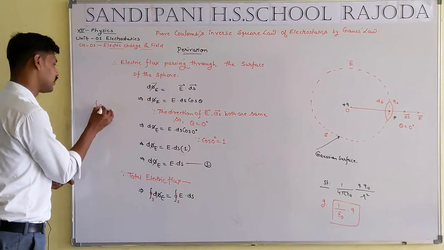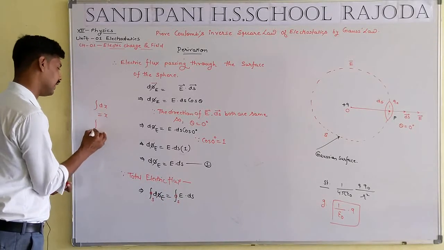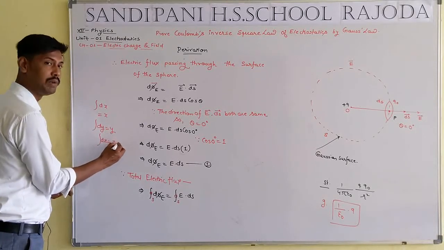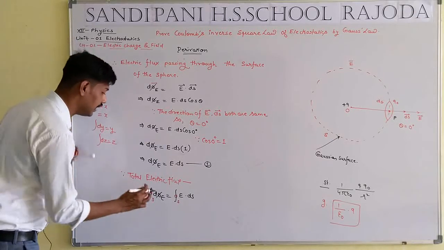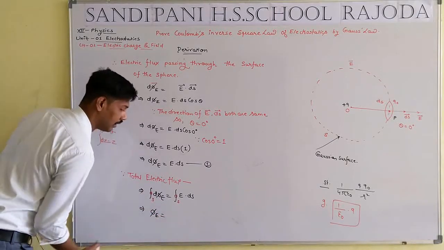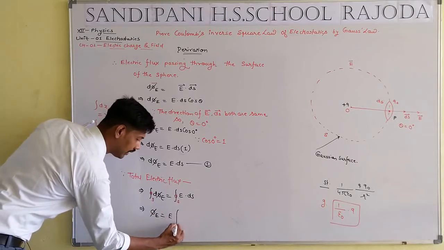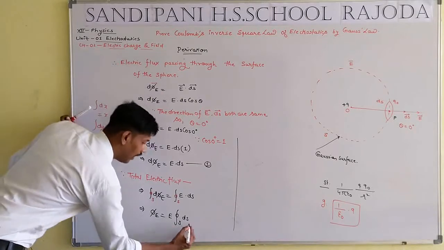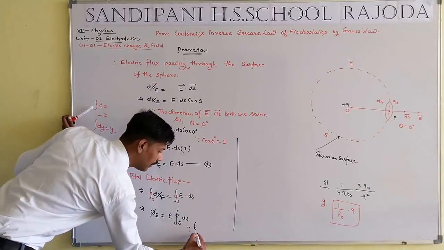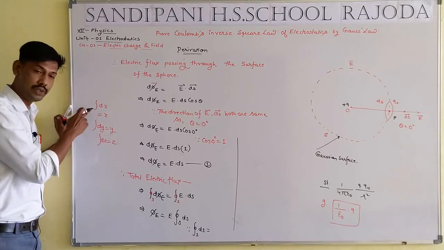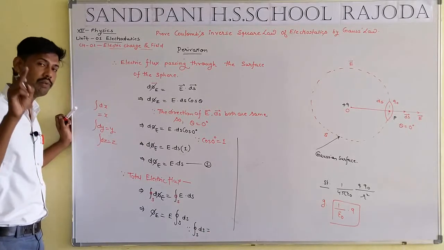Integration dx will be equal to x, integration dy will be equal to y, integration dz will be equal to z, such that integration d phi will be equal to phi. E is a common factor, surface integration ds. Student, what is the meaning of surface integration ds? According to mathematics, integration dx equals x, integration dy equals y.